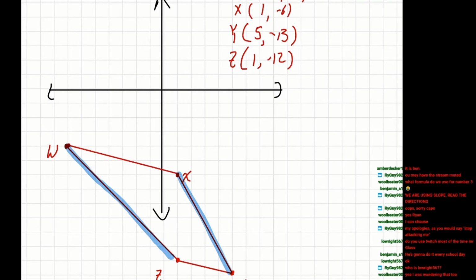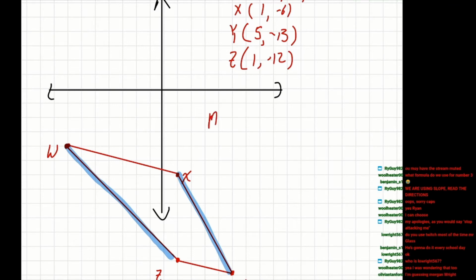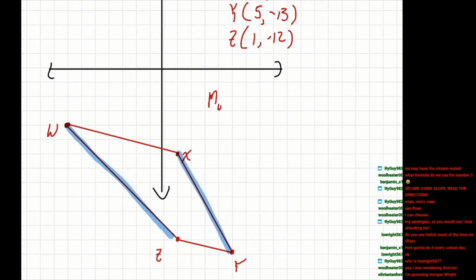So I'm going to go ahead and do my slope formula. Remember, we're going to use our subscripts. So since I'm going to be finding the slope of these, I'm going to be finding the slope of WZ. So I write a little WZ with that slope variable.